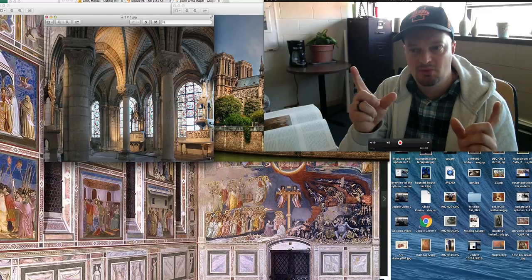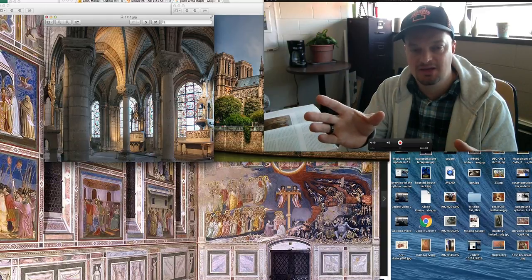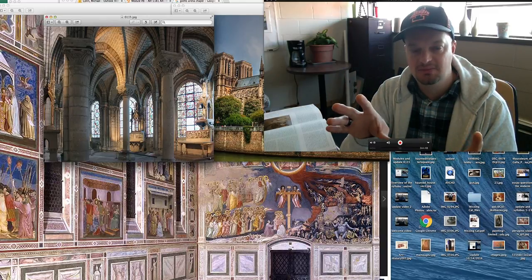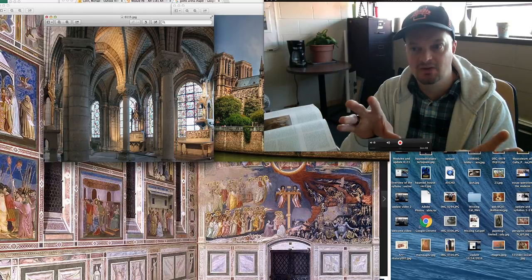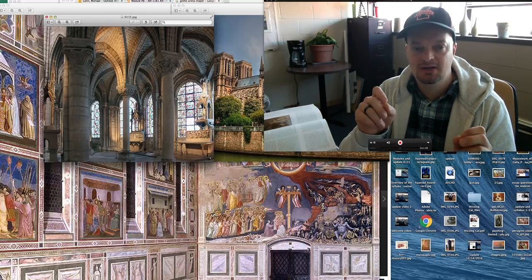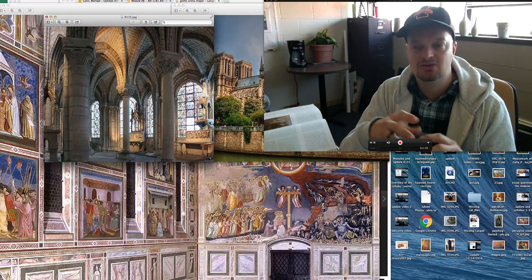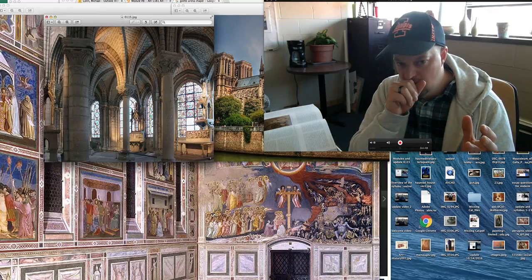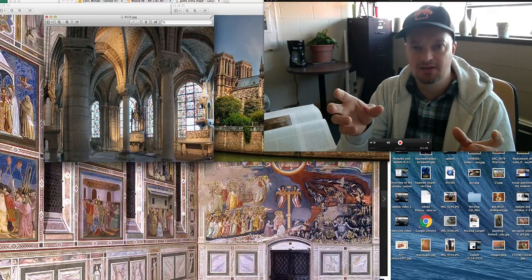But the purpose of the stained glass is to create a sense of colorful light that comes into the building and dances around and floats around. I may have talked about this before, but these churches are trying to create a spiritual space, and one way they do that is by manipulating the environment.